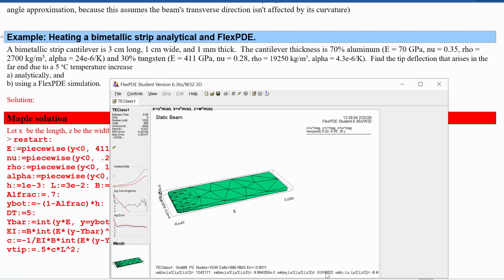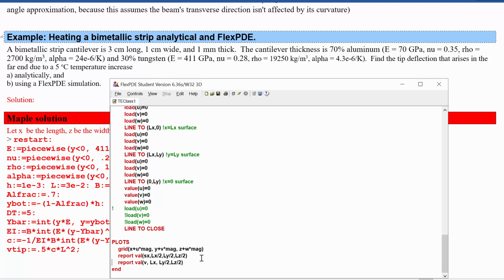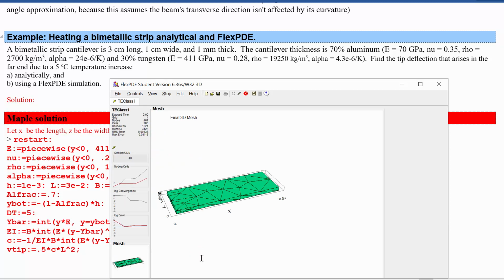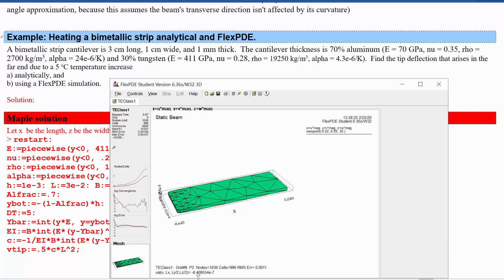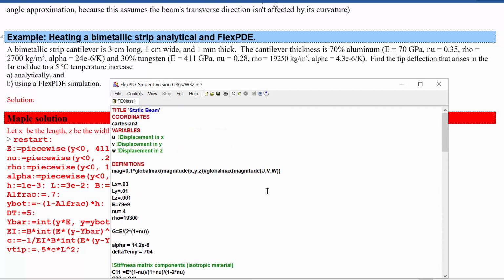It's a little bit cut off right there, so I guess I'm reporting too many different things. Let me try that again without this report of, let's say, the X strain and Y strain. Let's just simplify it down, just the tip displacement. What do we get? Tip displacement is negative 8.4 E minus 7. So a very small amount. There's basically no motion in the vertical direction right now.